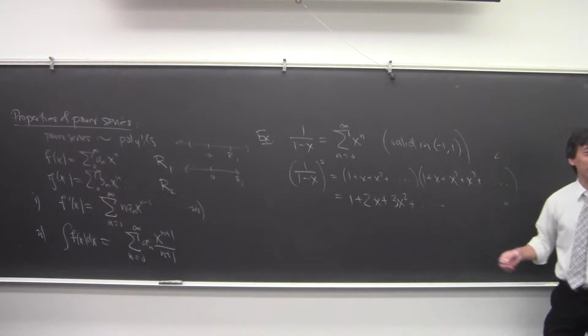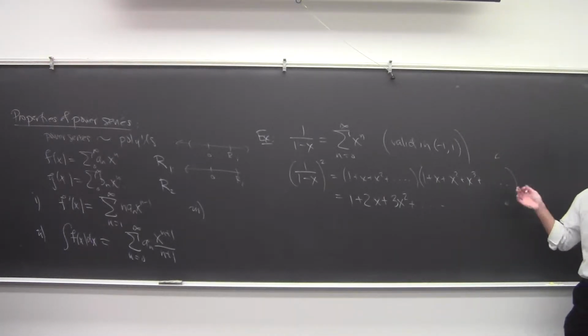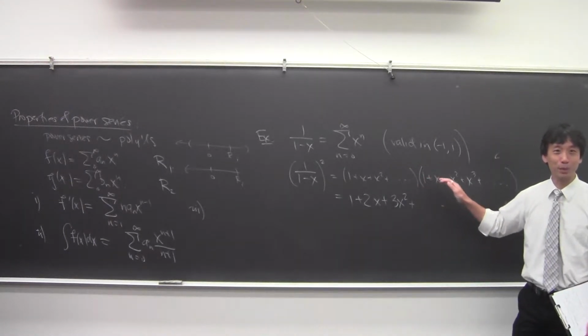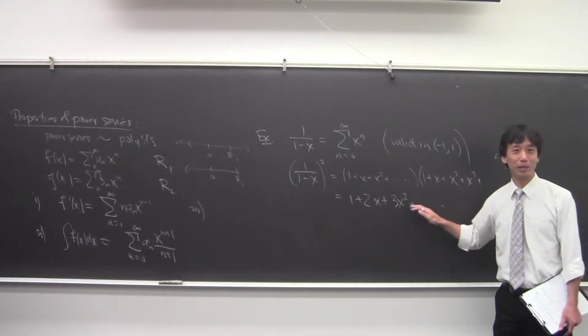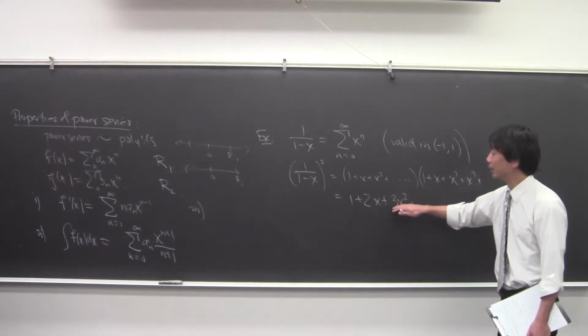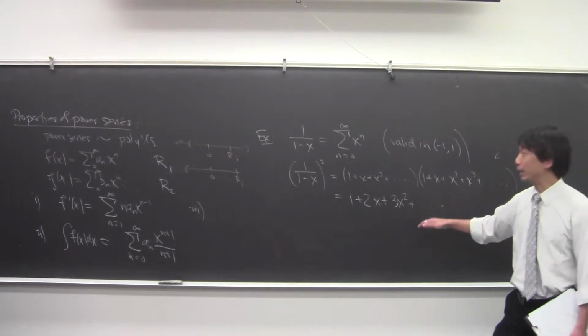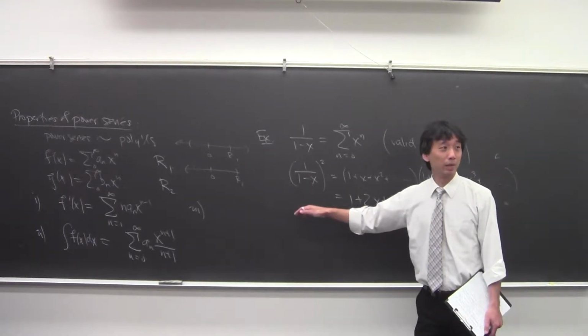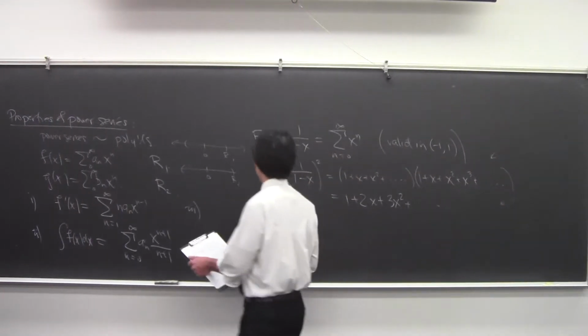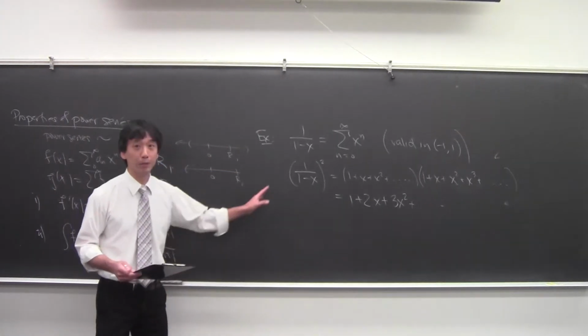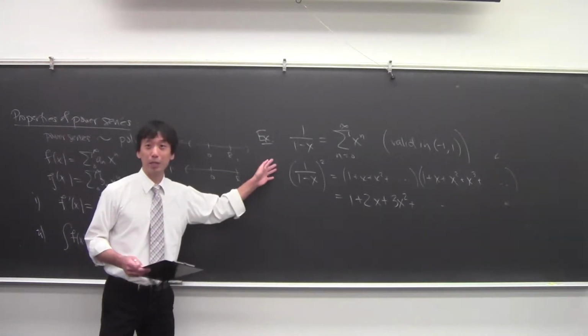You just calculate it as if you were multiplying polynomials, and you get some series, and that power series would be the power series for this. So this gives us a kind of cool way of getting power series for functions from ones we know already.